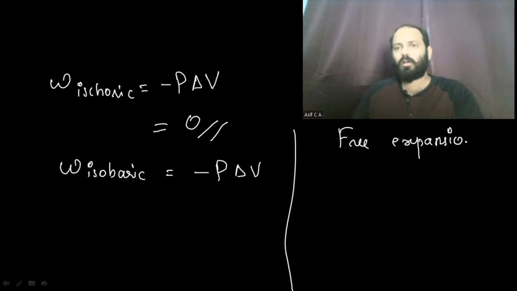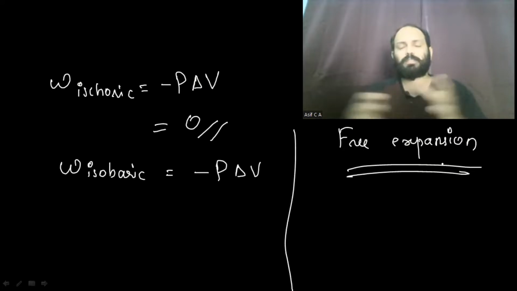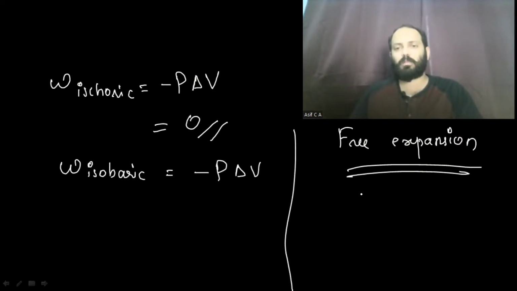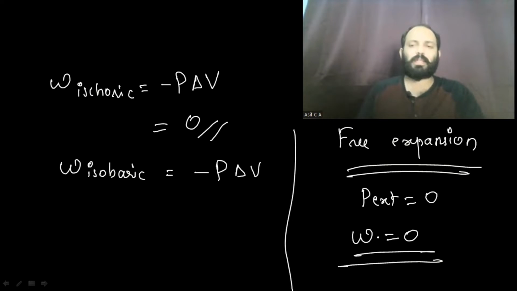Free expansion is expansion happening in vacuum, that is P external will be 0. Then what will work done be? When P is 0, work done is also 0. For free expansion, work done will be 0. Just remember this equation.